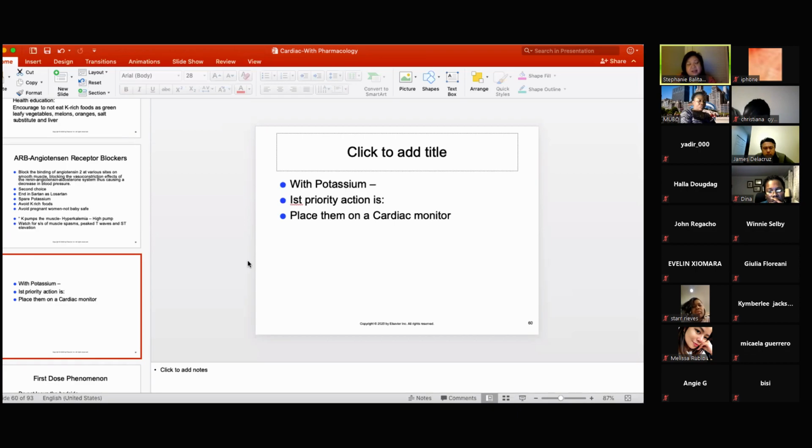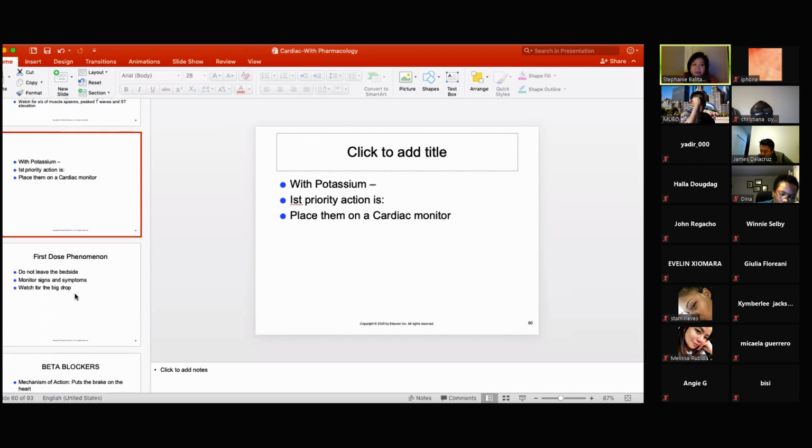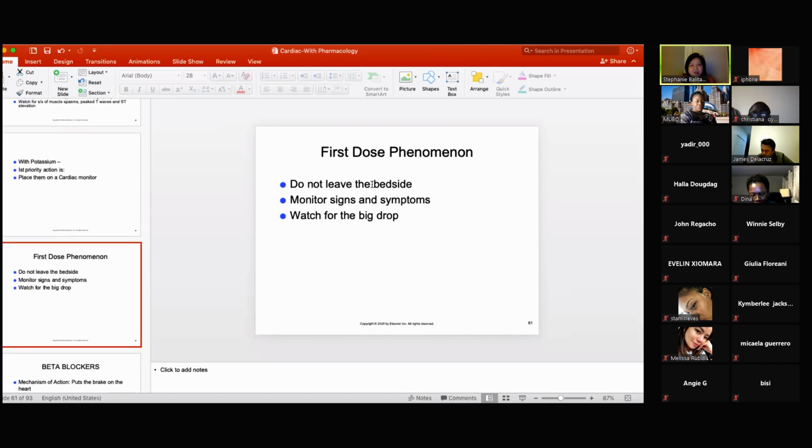So no matter what it is, if the problem is potassium, they have to be hooked up to a cardiac monitor. That's a priority action. Now, we have this thing we call first dose phenomenon.